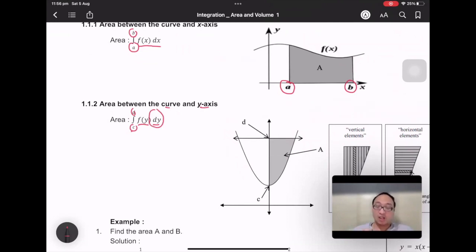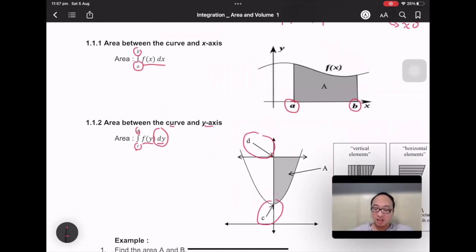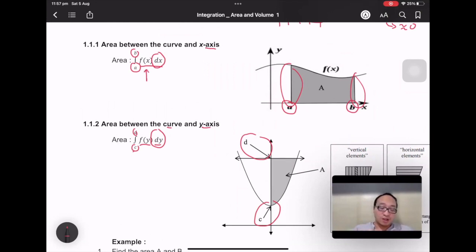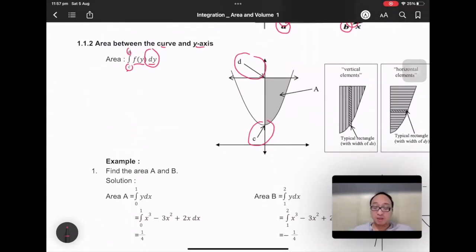So c and d will be the borders on the y-axis, and a and b will be the borders on the x-axis because this is dx. So you have to see on which axis you want to find the area. If you want the x-axis, you integrate f(x) in terms of x with variable dx. But if you want the area between the curve and the y-axis, you have to find f in terms of y with the variable dy.